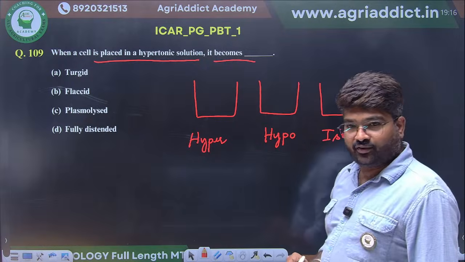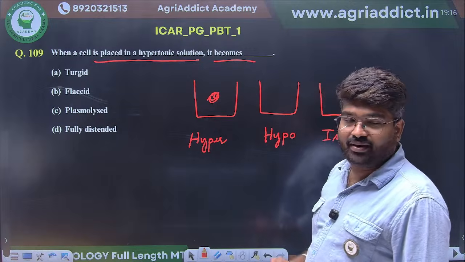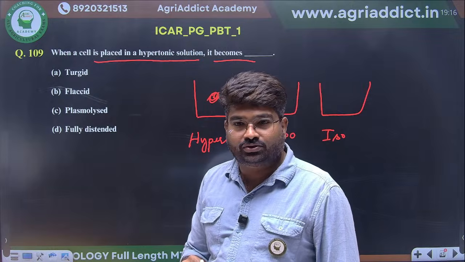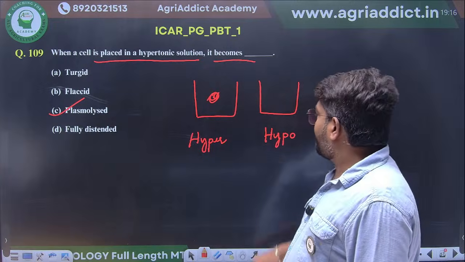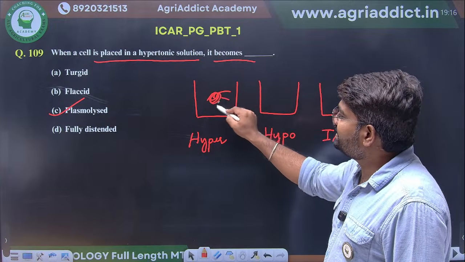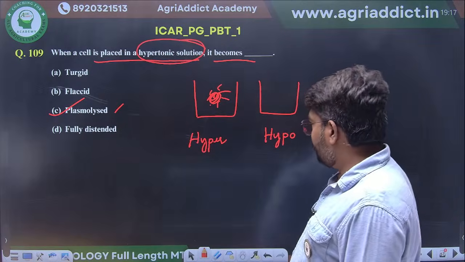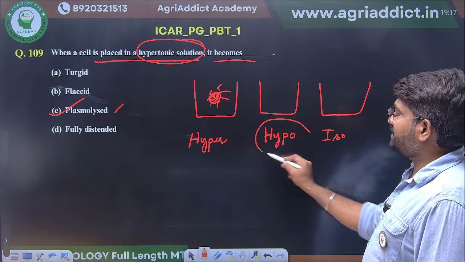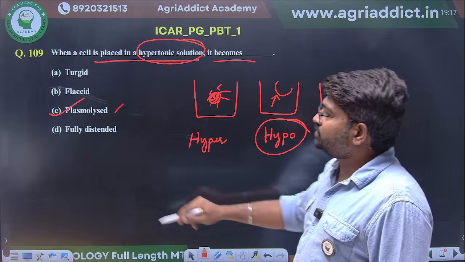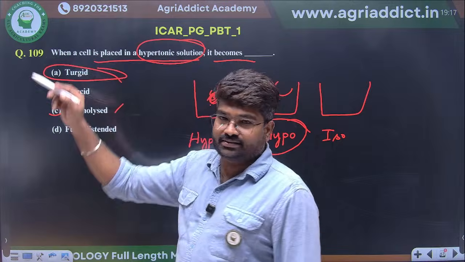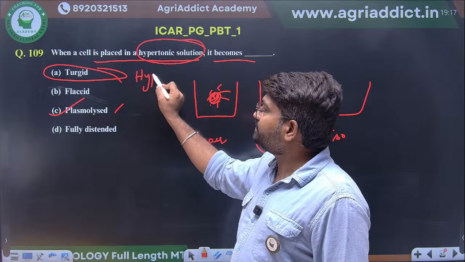If a cell is placed in hypertonic solution, the membrane will shrink, leading to plasmolysis of the cell. But if we place it in hypotonic solution, water will come inside the cell, so the cell will become turgid.